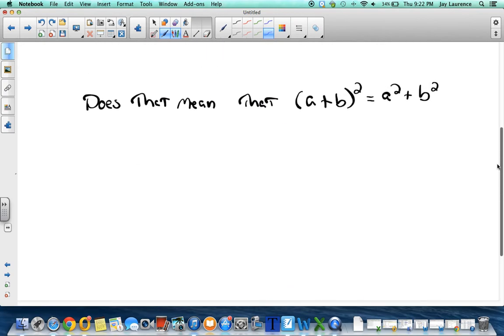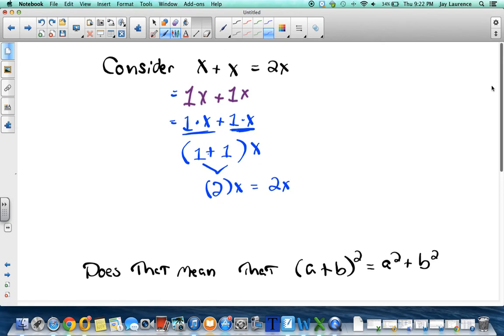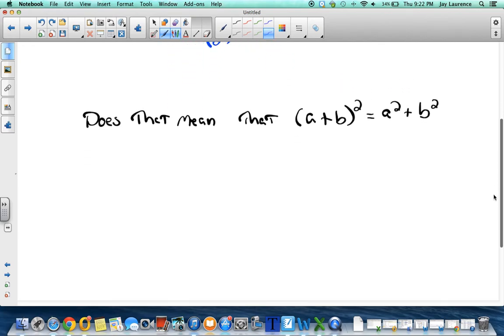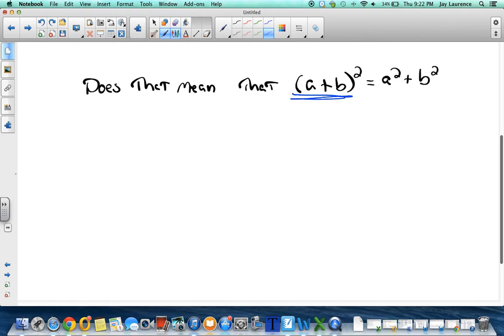Okay, now, does that mean that a squared plus b squared is the same as the quantity a plus b, squared? Well, let's test it. Here, a and b are just unknown lengths.